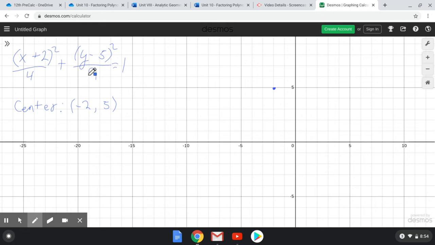Okay, so then we're going to go 3 in the up and down direction. Remember that these numbers are a and b squared, so you need to square root them, right? That's the distance you're going to go from the center. So we're going to go 3 up and 3 down because this is under the y, so it's up and down.